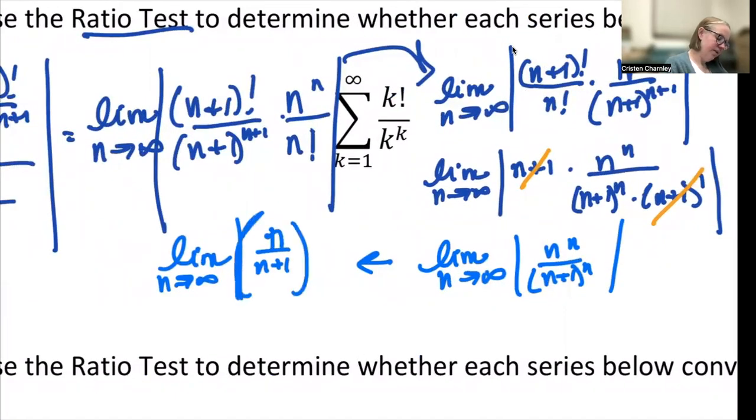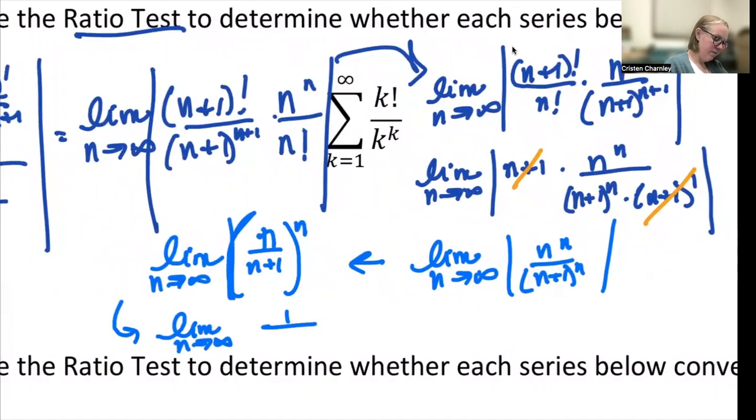And if this whole thing is to the n power, you can divide all the terms by n. 1 over 1 plus 1 over n. Believe it or not, this denominator, when it's to the n power down here, this is e. So I'm left with 1 over e.